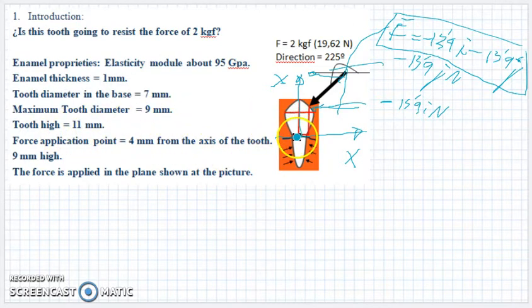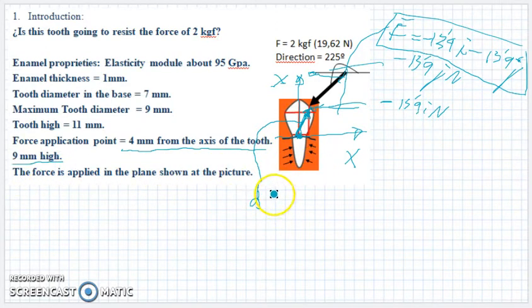additionally, the distance, this is the vector distance, we are going to use vectors as well. This is the vector distance between the main base or the axis of the teeth and the application point. This is the vector. And if we read this information, we can see that the force application point is 4 millimeters from the axis of the tooth and 9 millimeters high.